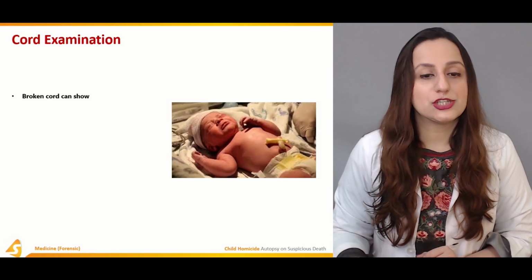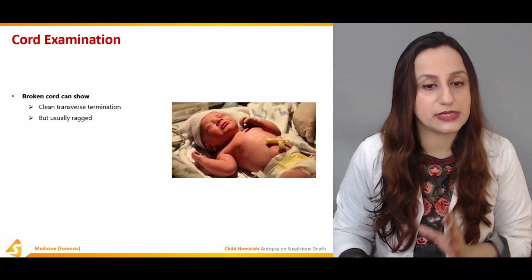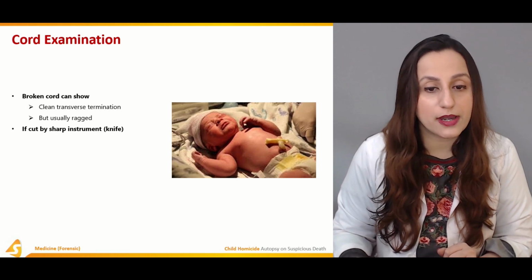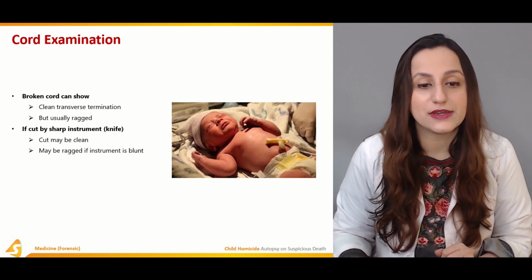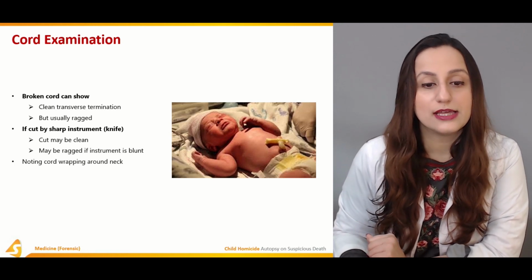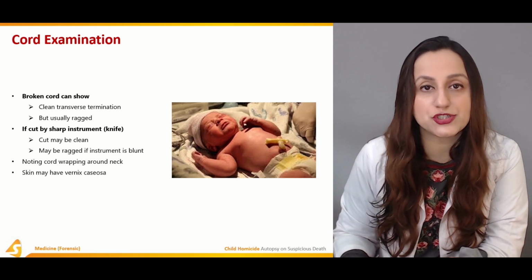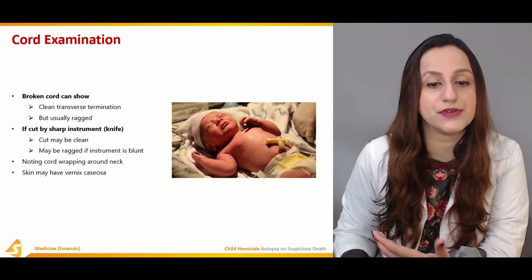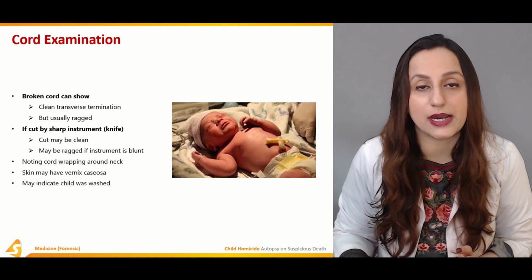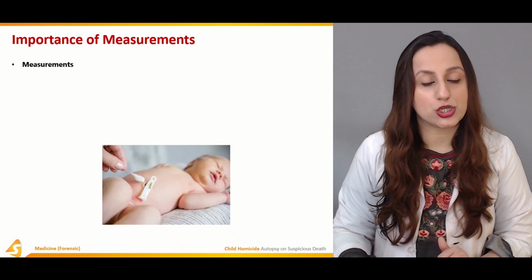So in the cord examination, the broken cord basically shows a clean transverse termination, but it usually has a ragged appearance. If it is cut sharp by an instrument, for example, a knife, the cut may be clean and may be ragged if the instrument is blunt in such a case. Noting the cord wrapping around the neck, that is basically causing the asphyxiation of the neonate, and the skin may have vernix caseosa, and the intrauterine death indicator may indicate the child was washed.